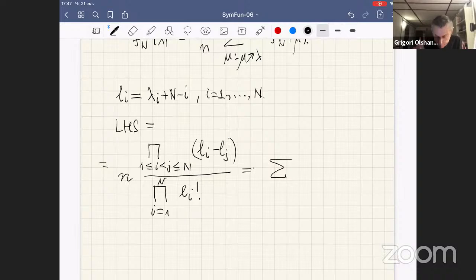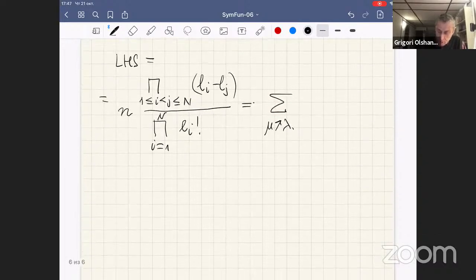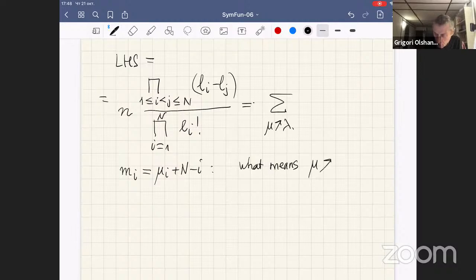And here we have a similar expression, and we can form similar quantities. And what does it mean that mu satisfies this property?